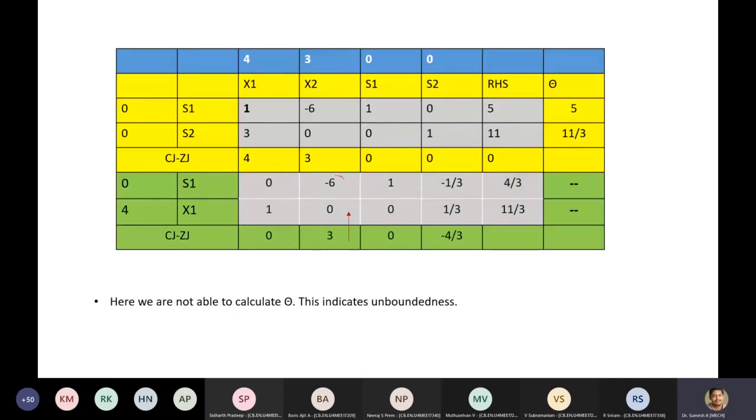One is negative and the other is infinite. So you can see that it is not possible to proceed further. This is how an unboundedness problem can be observed. This type of problem is called unboundedness. If you plot it graphically, you can observe it easily.